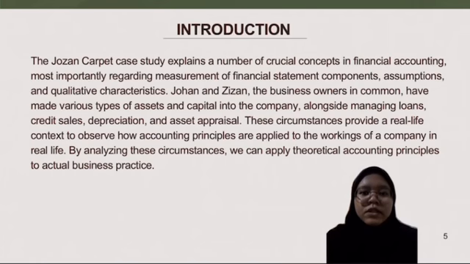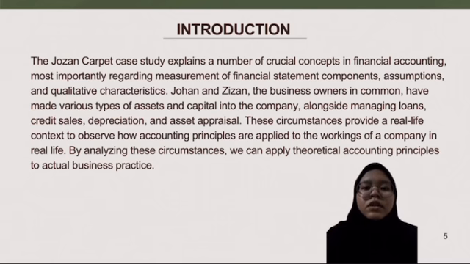Introduction. The Jozan Carpet case study explains a number of crucial concepts in financial accounting, most importantly regarding measurement of financial statement components, assumptions, and qualitative characteristics. Johan and Zizan, the business owners in common, have contributed various types of assets and capital into the company, alongside managing loans, credit sales, depreciation, and asset appraisal.